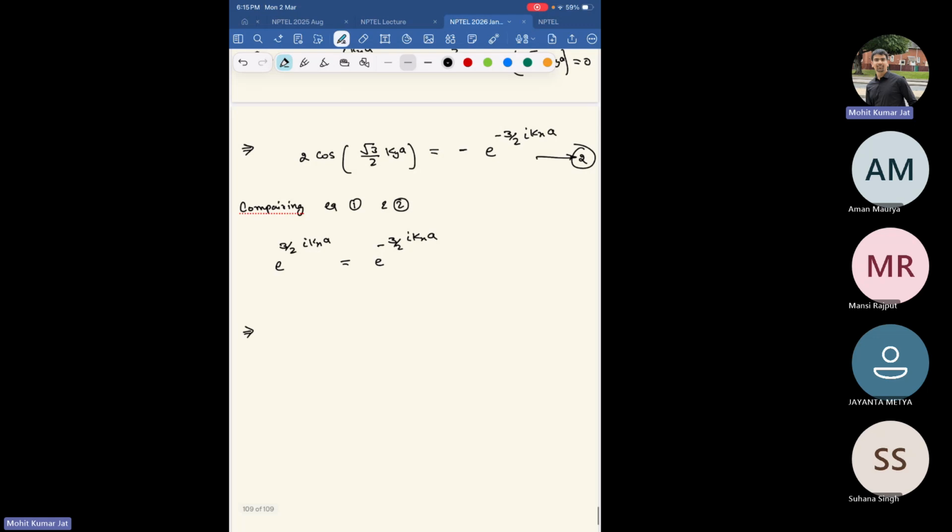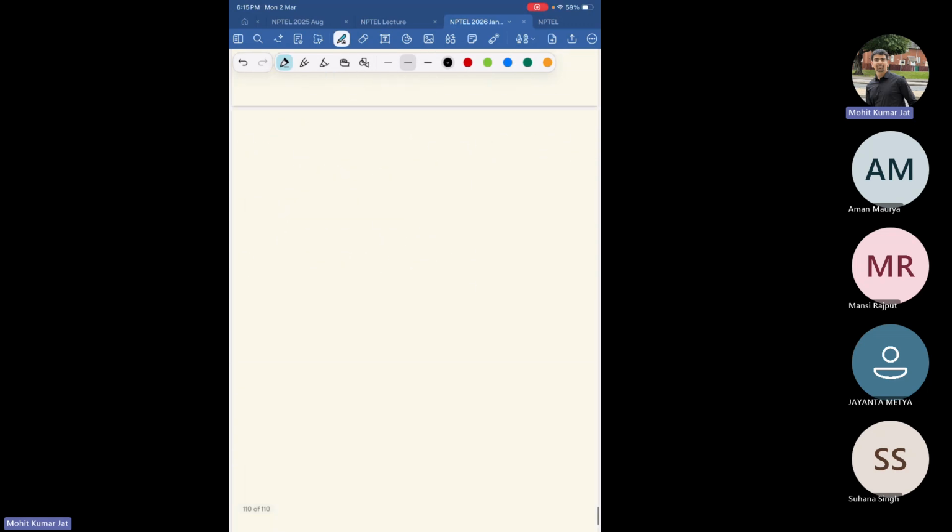So if you take it on the other side, it will be e to the power 3 by 2 iota kxa minus e to the power minus 3 by 2 iota kxa is equal to 0. And we know that e to the power iota x is cosine x plus iota sine x.